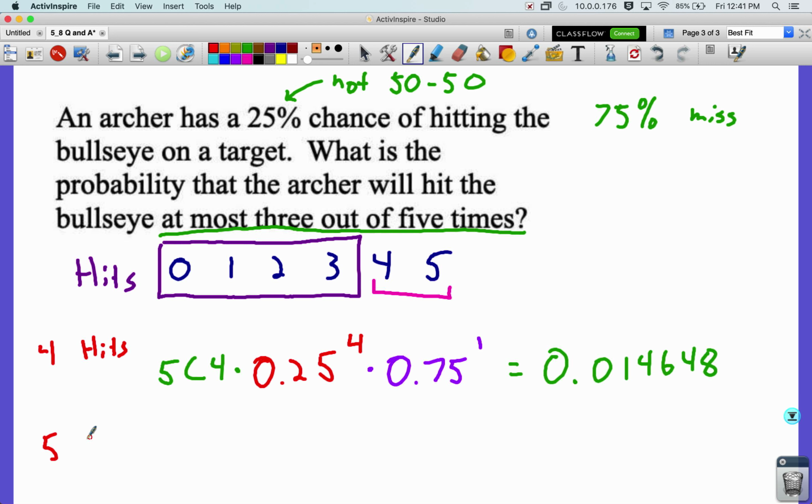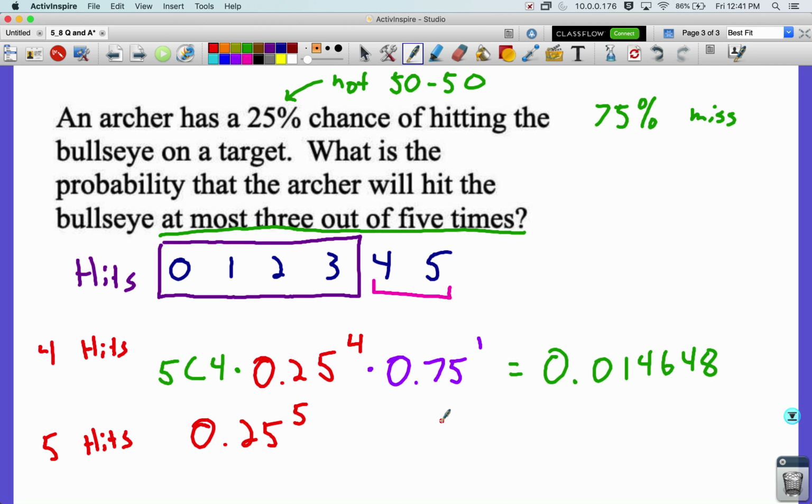Now 5 hits. And this one's actually a little bit easier, because there's no combination here. We have to hit all 5 times. So that is a 25% chance happening 5 times. We don't have to do a combination because there's only one way this can happen.